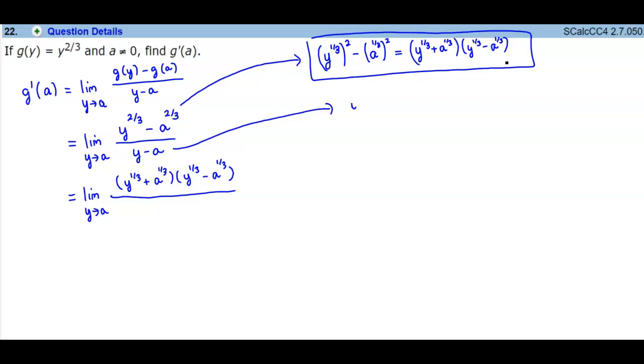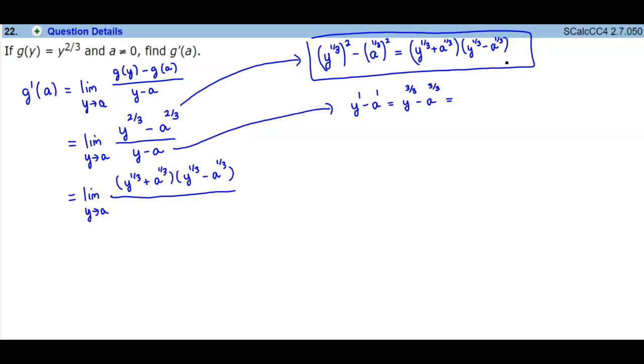So we know that y has an exponent of 1 minus a to the exponent of 1. Now we also know that 1 can also be written as a fraction. So if we wanted to have a denominator of 3, this is the same thing as saying y to the 3/3 power minus a to the 3/3 power.